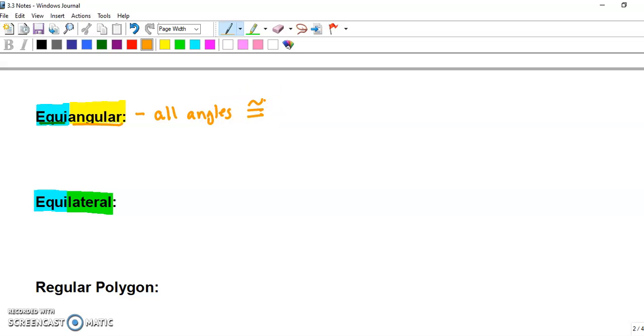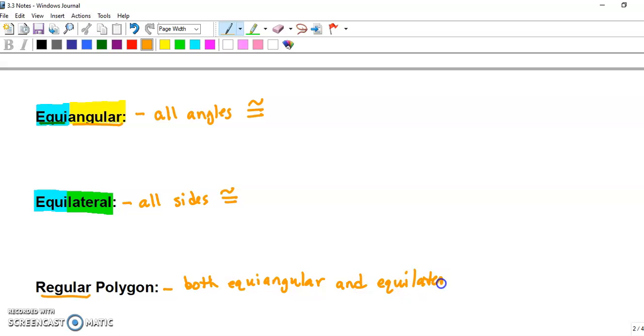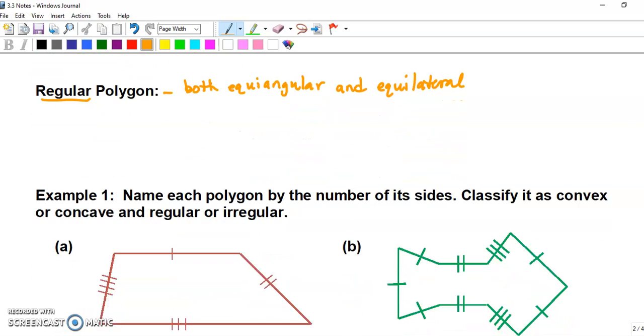Every one of its angles is the same size. If it's equilateral, all of its sides are congruent. All of its sides are the same. And we call a polygon regular if it is both equiangular and equilateral. So a stop sign is a regular octagon.